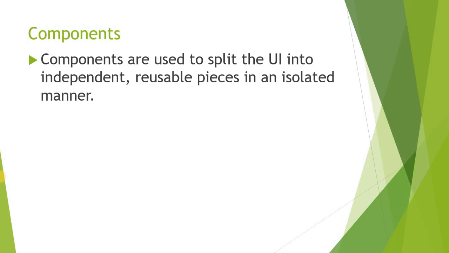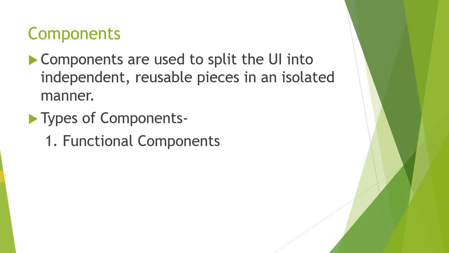Or you can divide further into smaller components and combinedly wrap these components into a component called the wrapper component. So the components are of two types, functional component and class component.